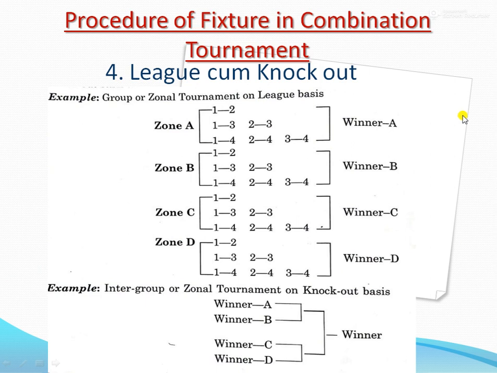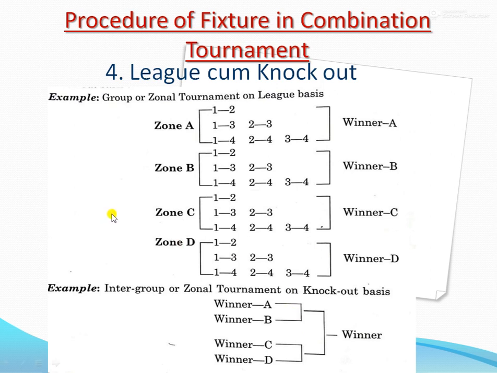And the fourth and last type of combination tournament is league cum knockout tournament. In this type of tournament, we play the zonal tournament on a league basis, and the interzonal tournament we play on a knockout basis.